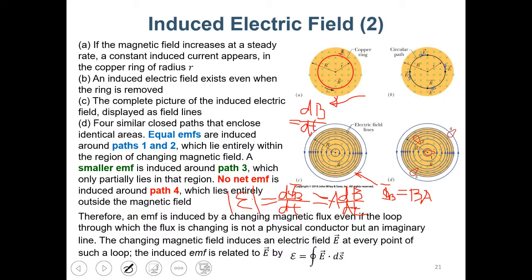When the area is larger, the induced electromotive force is also larger. So near the edge, the E field will be stronger, and near the center, the E field is weaker.